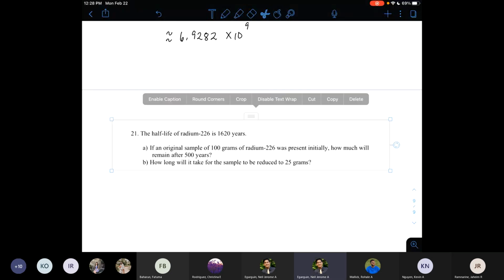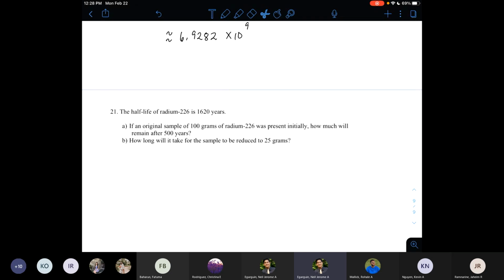So if you're majoring in chemistry, then this would be something familiar to you. It says here that the half-life of radium-226 is 1620 years. I hope I'm not mistaken, but I think radioactive materials decay. So that means after some time, you will have less amount of sample for these radioactive materials. And the term half-life is used to describe the number of years before half of the sample will be gone.